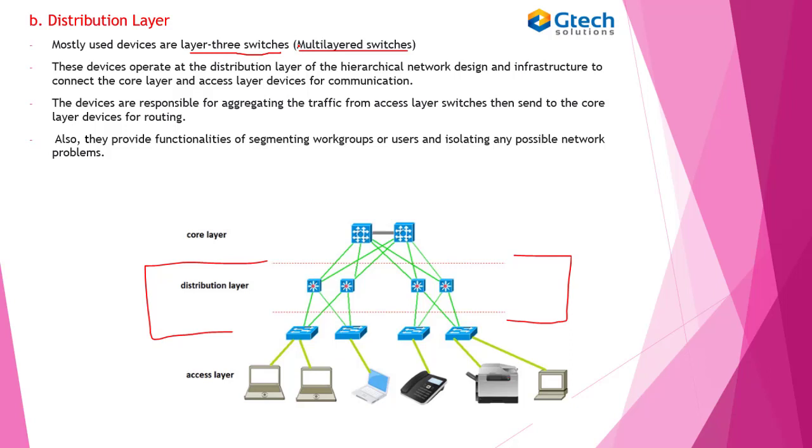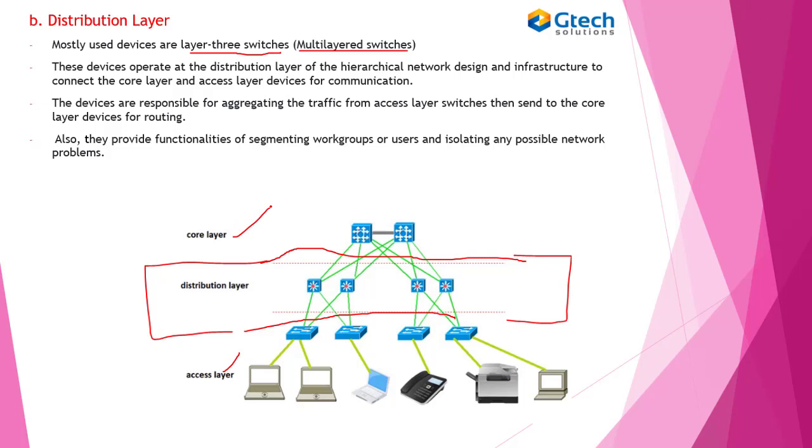So at the distribution layer, the devices that are operating at that layer are layer 3 switches. Okay, so this is the distribution layer. The distribution layer connects the access layer and the core layer.